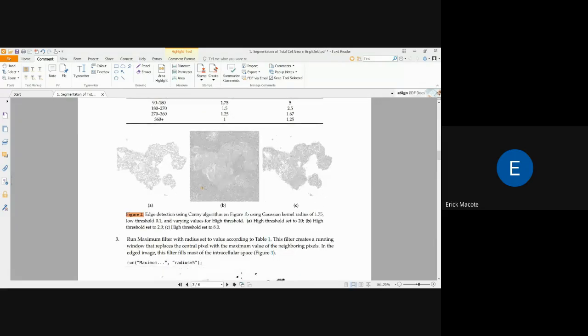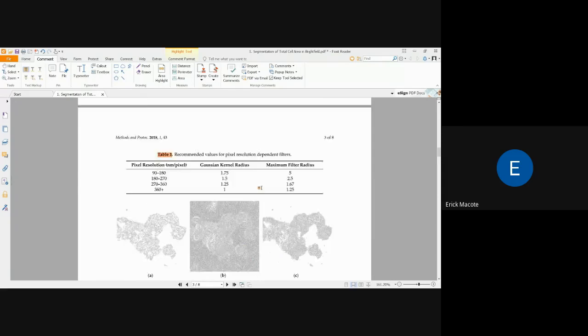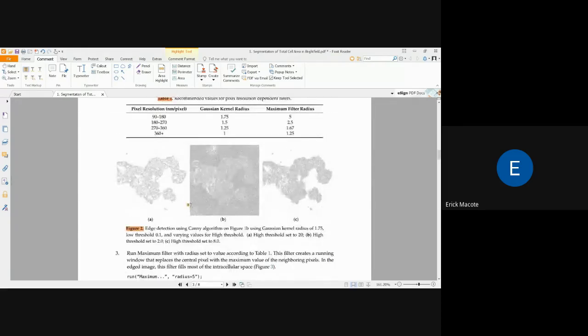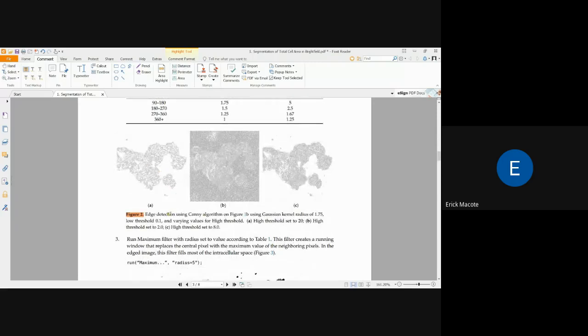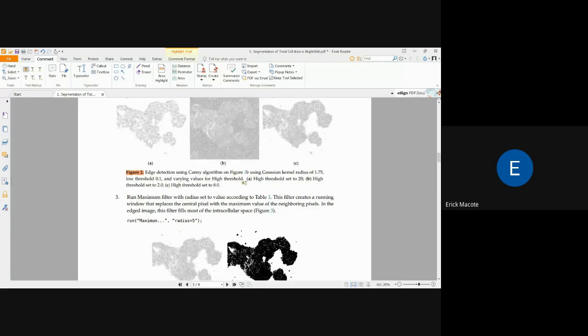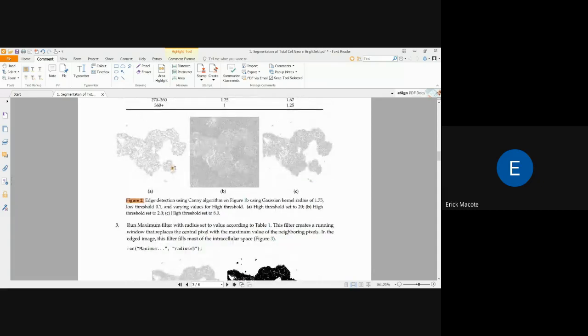At the same time, Figure 2 shows the edge detection using the Canny algorithm on Figure 1B, using a Gaussian kernel radius of 1.75, low threshold, and varying values for the high threshold: in A, high threshold set to 20, in B set to 2, and in C set to 8.